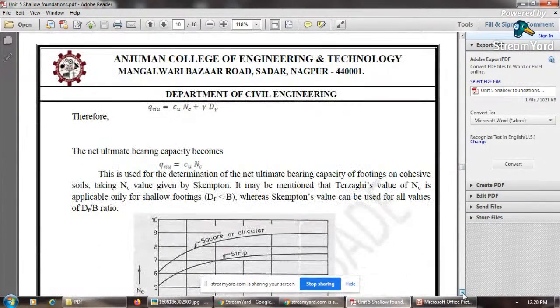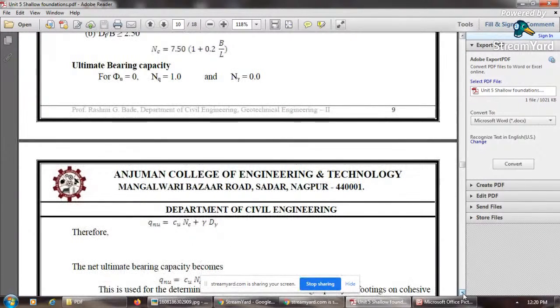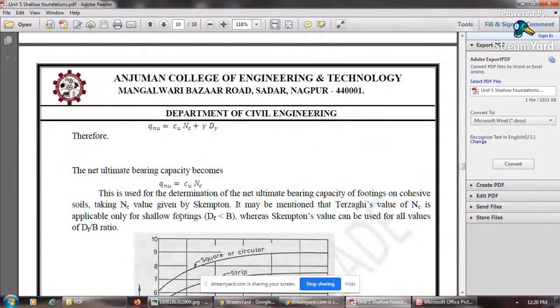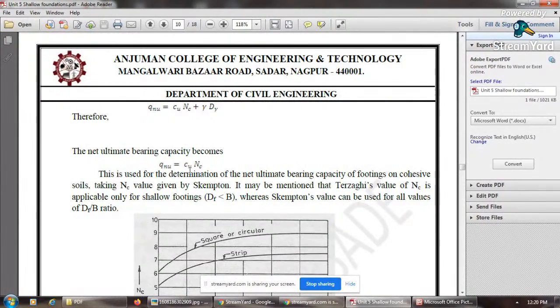So when this is the condition, then qnu is given by cu Nc plus gamma D. Since the value of N gamma becomes 0 and Nq remains the same, the net ultimate bearing capacity for cohesive soil will be qnu equals cu into Nc.